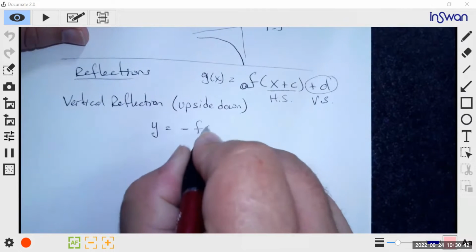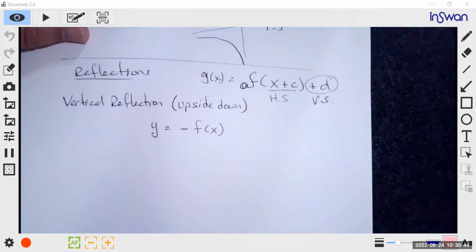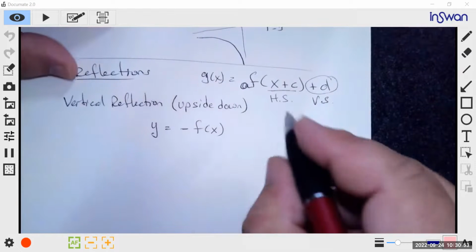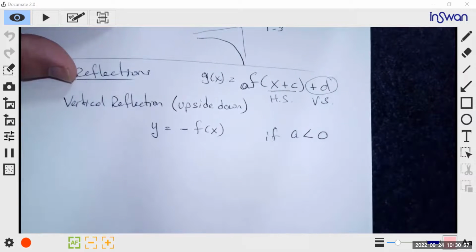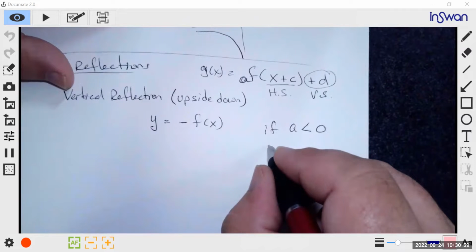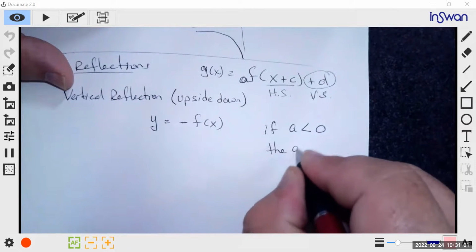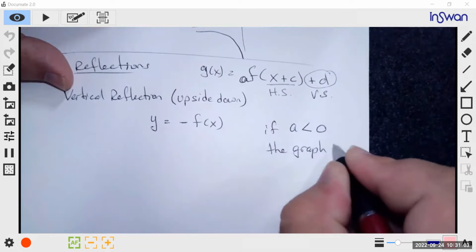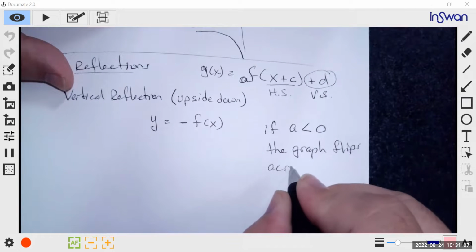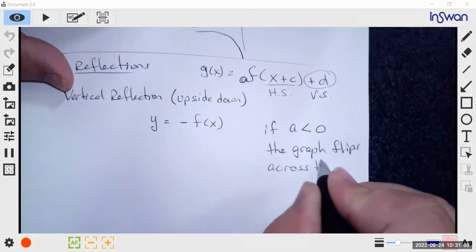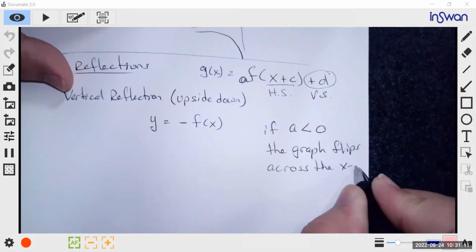If we put the negative in front of the function. In other words, if your leading coefficient A is less than 0, the graph flips across the x-axis.